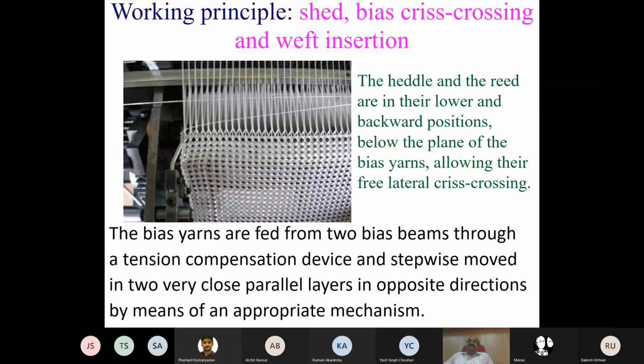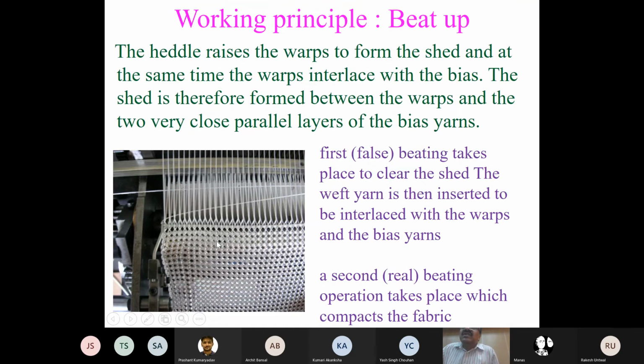Look at how it is. Two weft yarns. Then beat-up will take place, and then weaving will continue with the change of the shed. Okay. And this is how this weaving continues to give a structure.